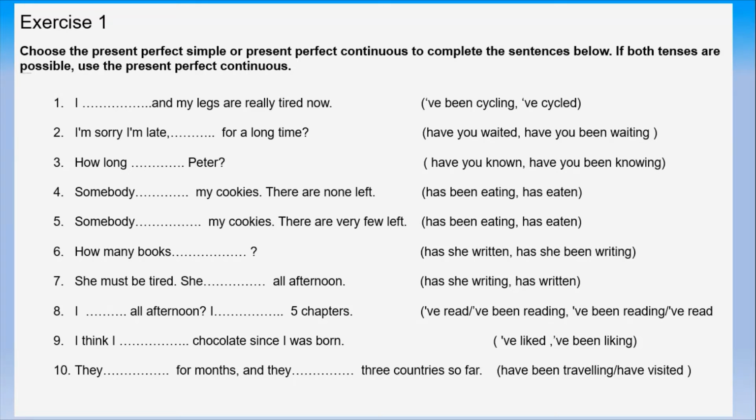Number 4. Somebody dash my cookies. There are none left. This is a completed action: none left, nothing, finished. All the cookies have been finished. So, this is a completed action. That's the correct answer: somebody has eaten my cookies.